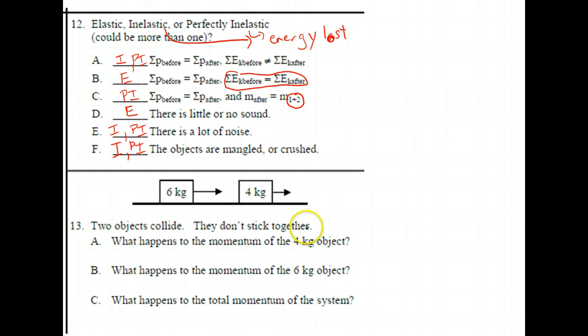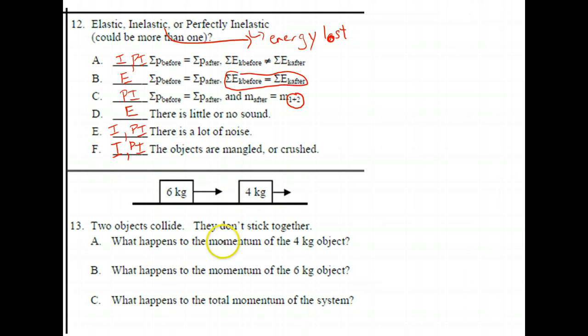How about number 13? Two objects collide, they don't stick together. What happens to the momentum of the 4 kilogram object? We can see that this has a large velocity because the arrow is bigger.